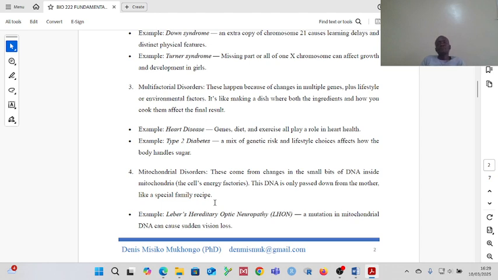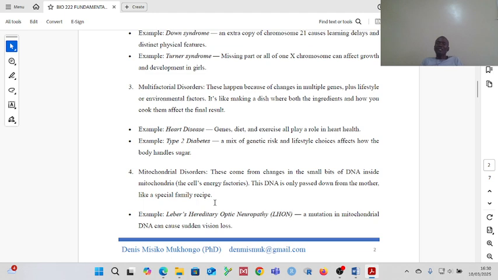The examples we give for the multifactorial disorders are, for example, heart disease. For you to develop a heart disease, many factors come into play. Genes are involved, diet is involved, exercise, all these play a role in determining the health of your heart. Type 2 diabetes is a mix of the level of genetic risk that an individual has and the lifestyle choices that they make.